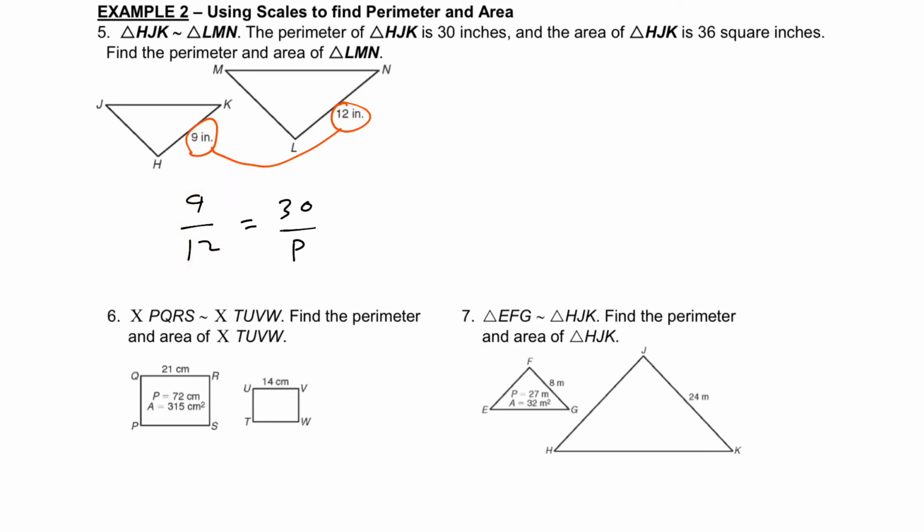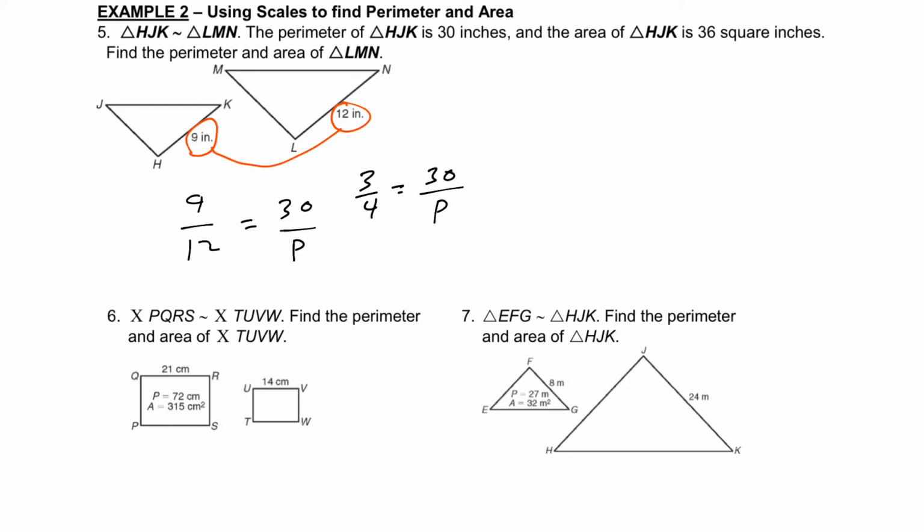So let's go ahead and do that. 9 over 12 reduces to 3 over 4. So we're going to have 3 over 4 is equal to 30 over the perimeter of the large triangle. Let's solve that one. The numbers will be a little bit smaller for us.